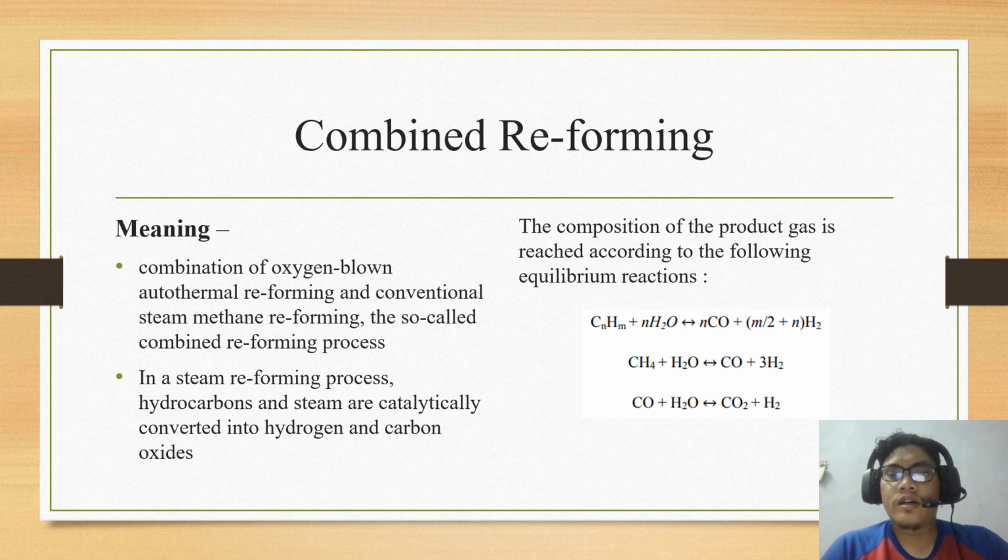nCO + (m/2 + n)H2. CH4 + H2O ⇌ CO + 3H2, and then CO + H2O ⇌ CO2 + H2.